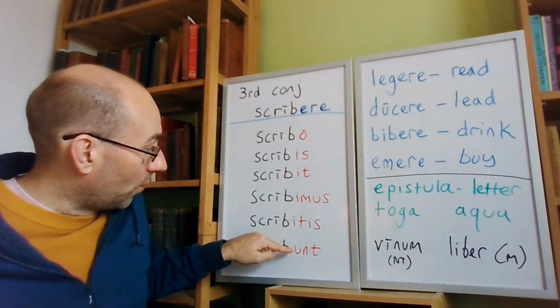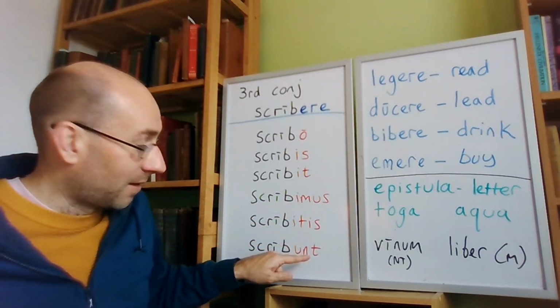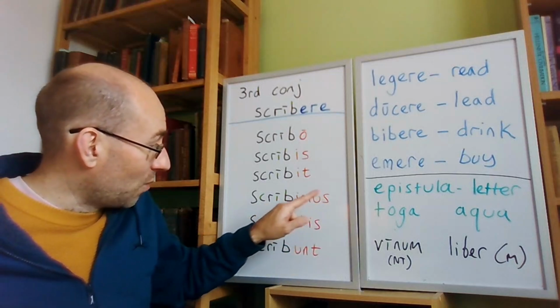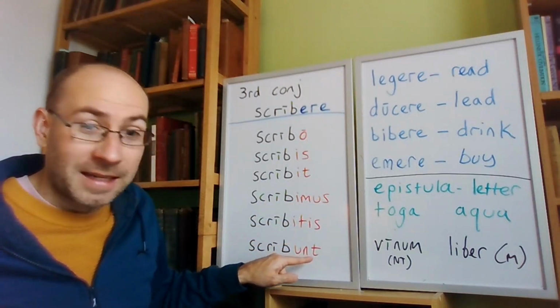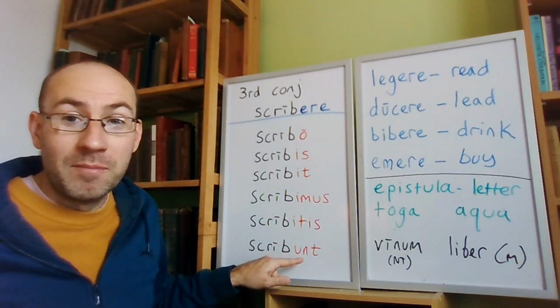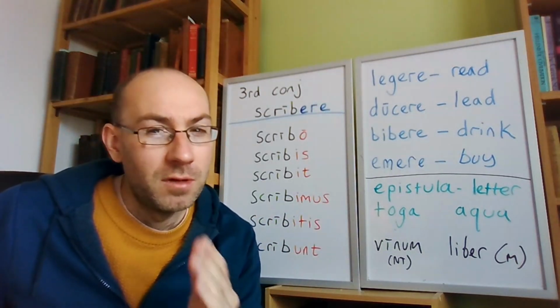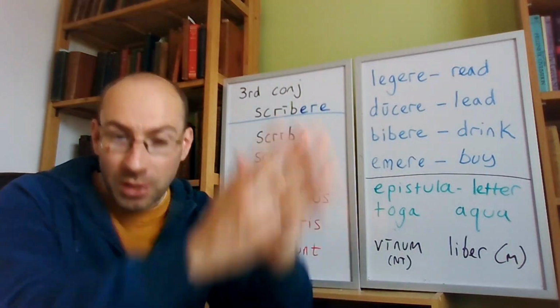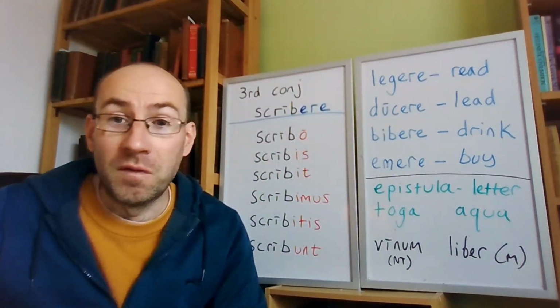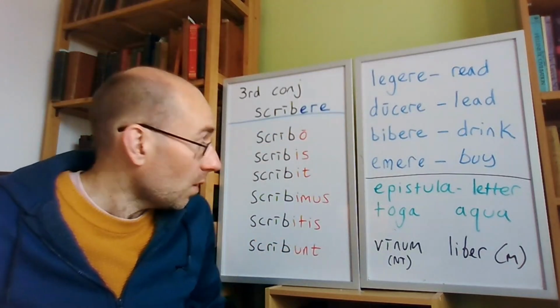Imus, itis, unt. So it was amamus, amatis, amant; habemus, habetis, habent. Now scribimus, scribitis, scribunt. So it becomes crucial to make sure you know which conjugation, which track of verb you're following, so that you can put the right vowel in.